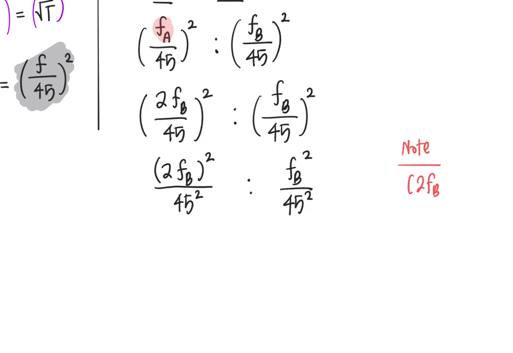And that's why later on you will see it as 4 frequency of B squared. And that's where we will suddenly see and understand why Mr. Tan chose to write frequency of A in terms of frequency of B.